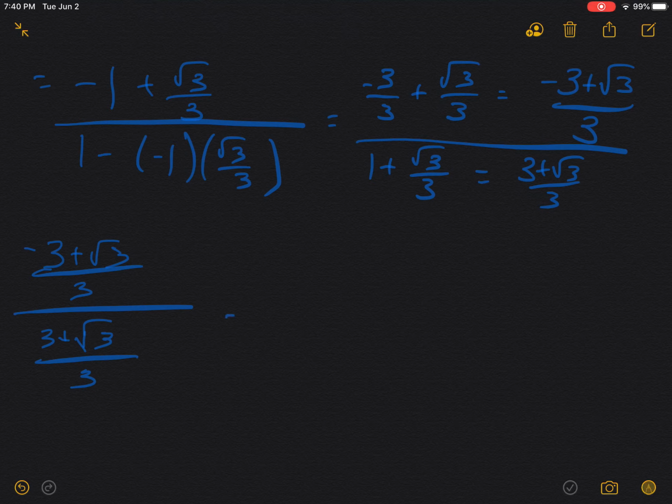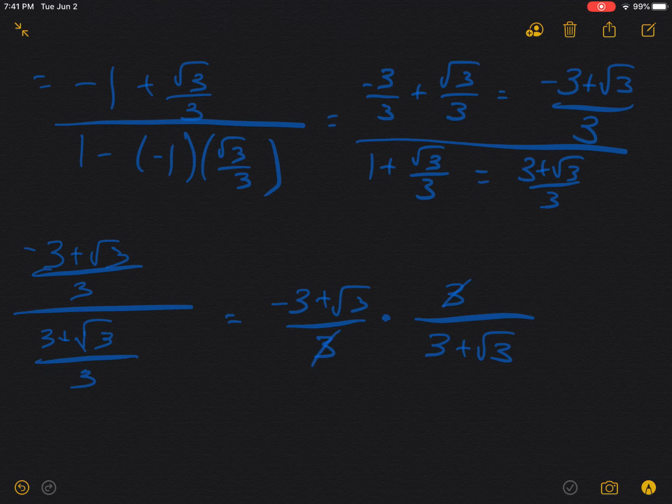You multiply by the reciprocal. So that would be negative 3 plus square root of 3 over 3 times the reciprocal of that denominator, which is 3 over 3 plus square root of 3. Hopefully you're following along, but again, you guys have the capability of pausing and rewinding. So please do that if you are confused with the messy math here.